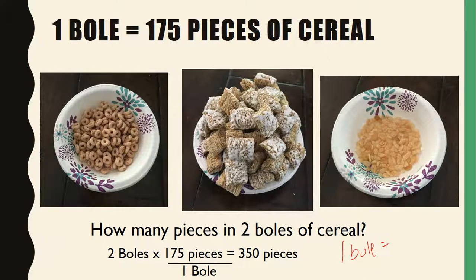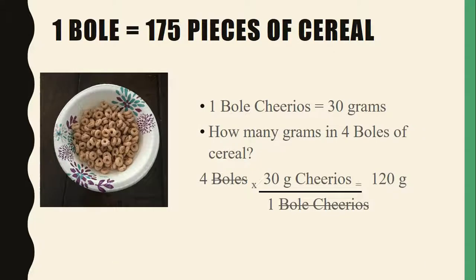So this is our equivalence that we just did. You can put the bowl on the bottom and the 175 pieces on the top. Bowls will cancel and the 175 pieces will stand. So that will be the units of our answer. And then 2 times 175 gives you the 350. So that works out pretty well, I think.